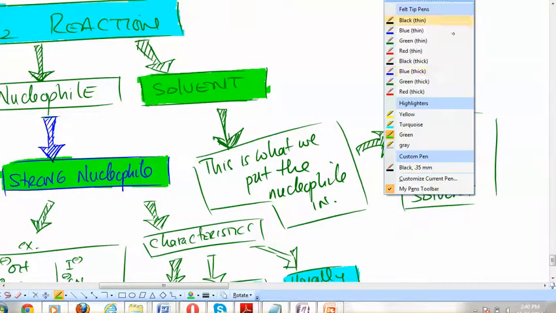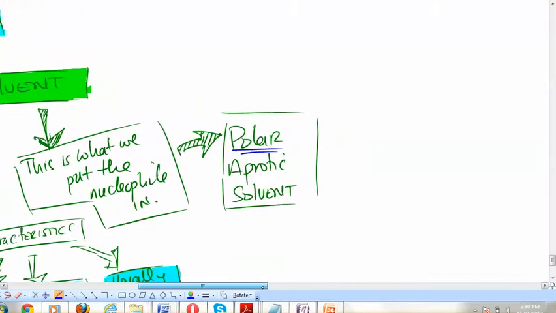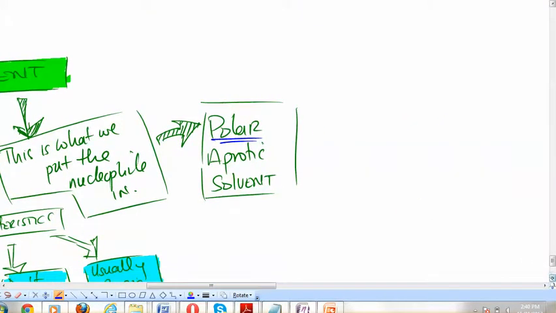So the first keyword here is polar. It has some polarity, an unequal distribution of charge. And aprotic means that it cannot form hydrogen bonds.